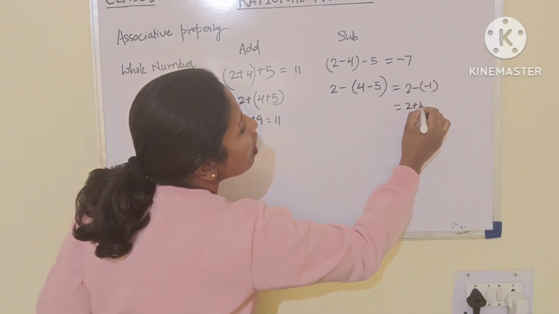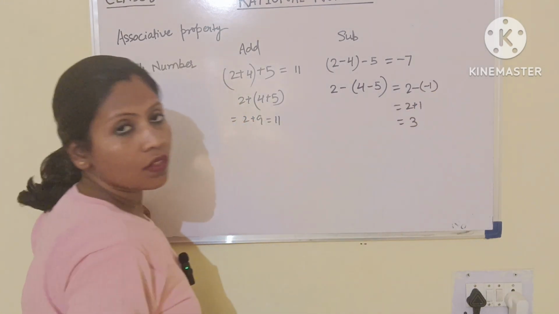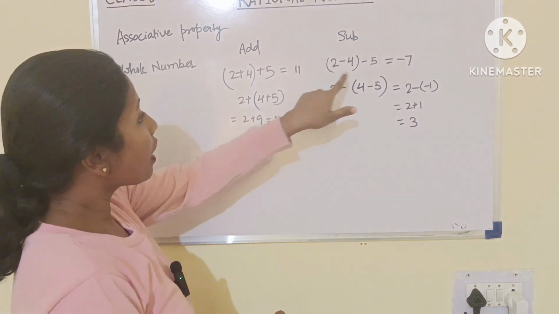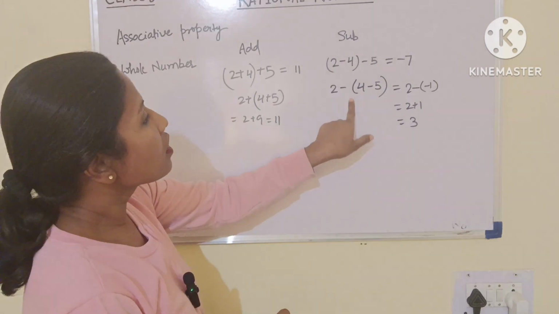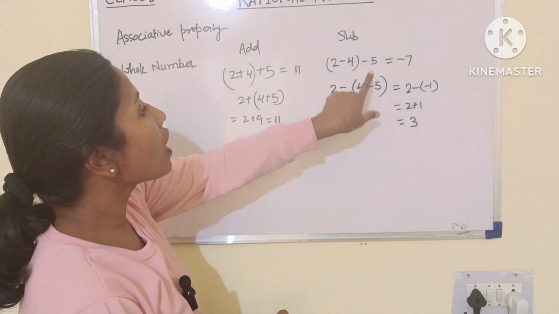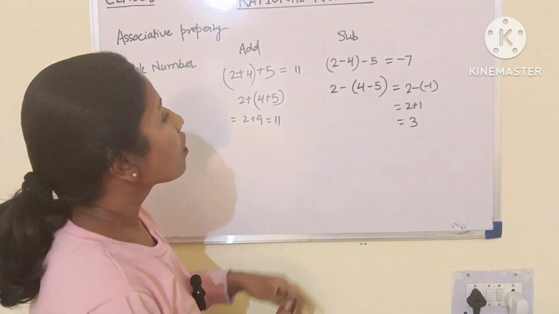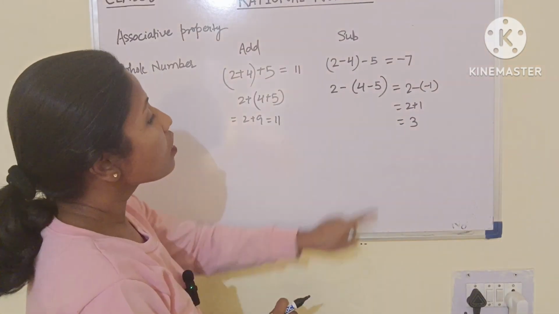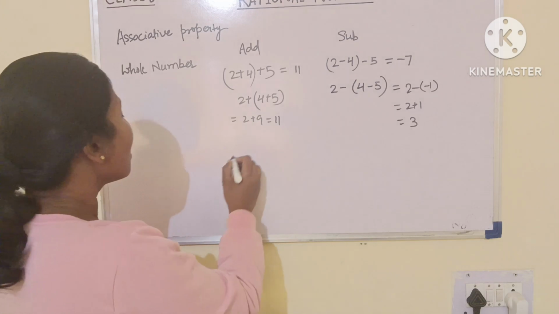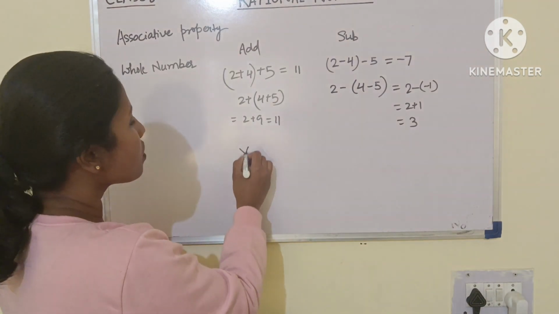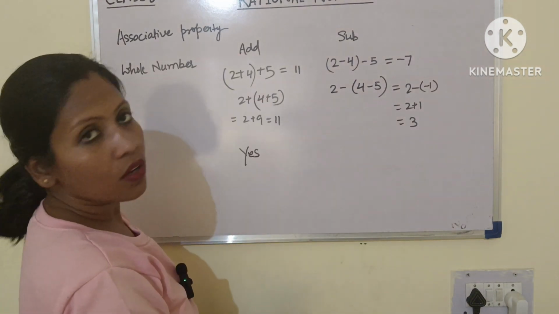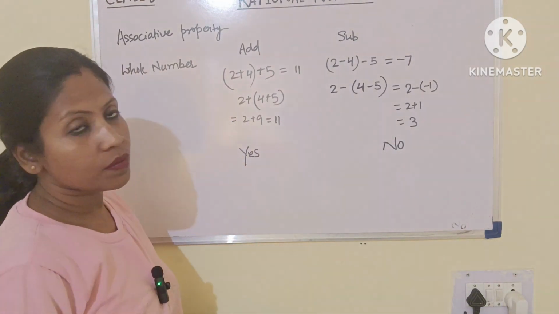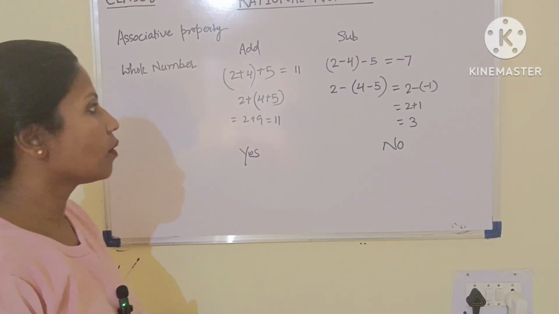So 2 plus 1, it's a 3. I have taken the same thing, only I have grouped differently. So here what is coming? 3. So in whole numbers, the associative property is followed for addition but not followed for subtraction. Subtraction के लिए correct नहीं है.